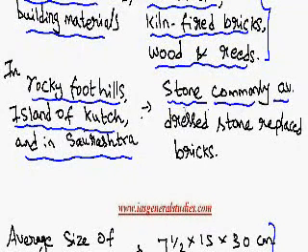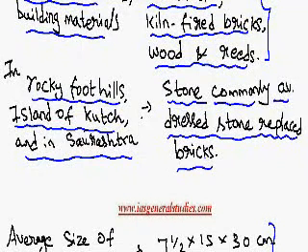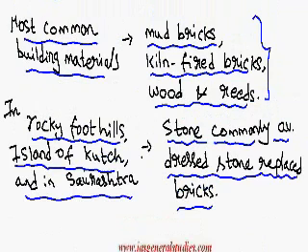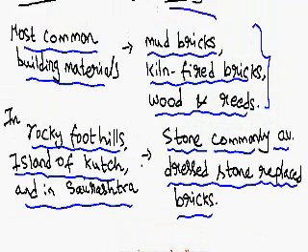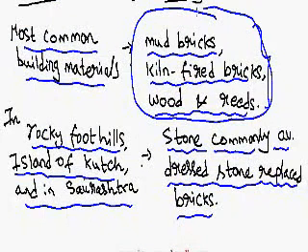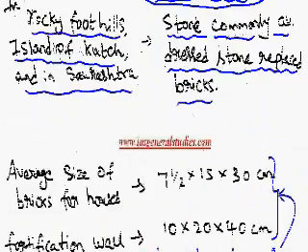Make a note. So they used dressed stone instead of bricks. The common building materials are mud bricks, kiln fired bricks, wood and reeds, but in these places, the rocky foothills, the island of Kutch and Saurashtra, dressed stone replaced bricks.